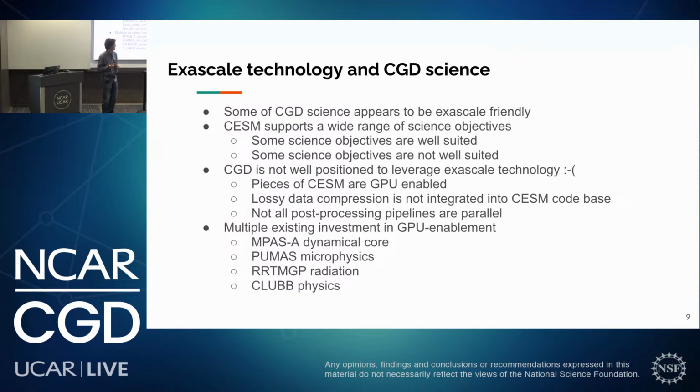Pieces of CSM are GPU enabled. Lossy data compression is not integrated yet into the code base, and not all post-processing pipelines are parallel. The good news is that there are multiple existing investments in GPU enablement. The MPAS-A dynamical core, PUMA's various microphysics and radiation packages mentioned there.